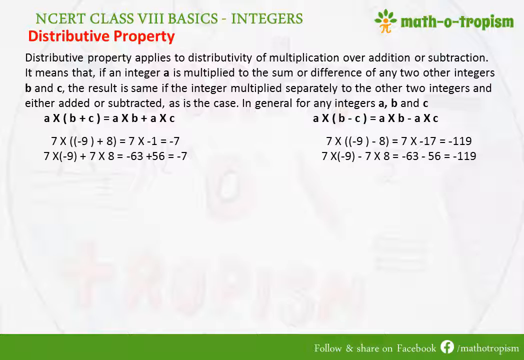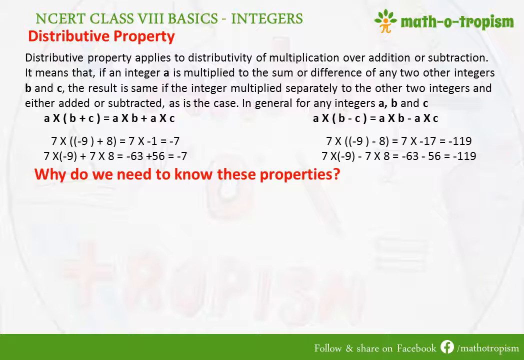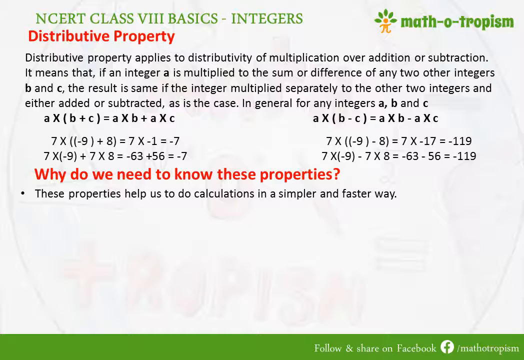We have seen so many properties. Why do we need these properties? The simple reason is that these properties help us to do calculation in a simpler and faster way. For example, let me give an example of 6 minus 13 plus 4. If we do in the same order, 6 minus 13, first we will be cracking our heads or counting with our fingers to see that a minus 7 is coming, and then minus 7 plus 4 I will do to get a minus 3.